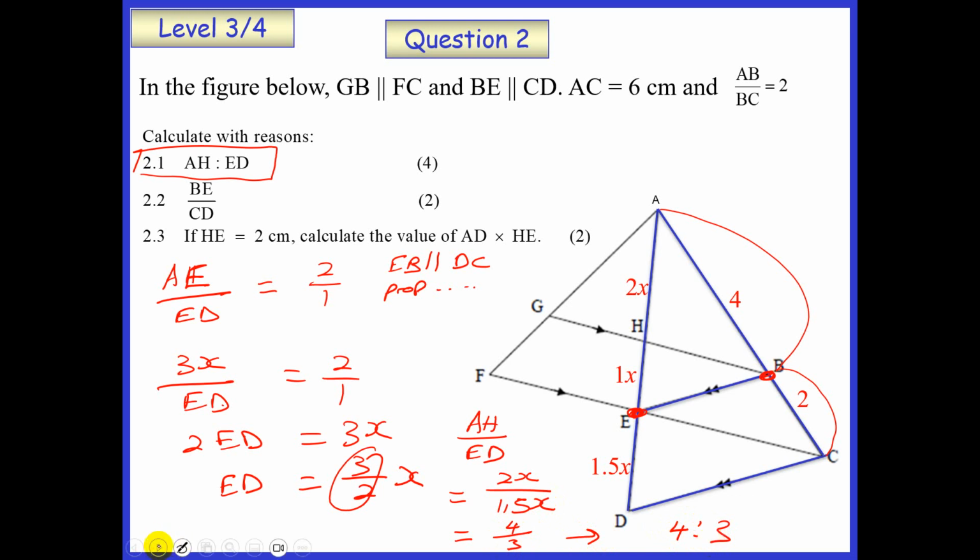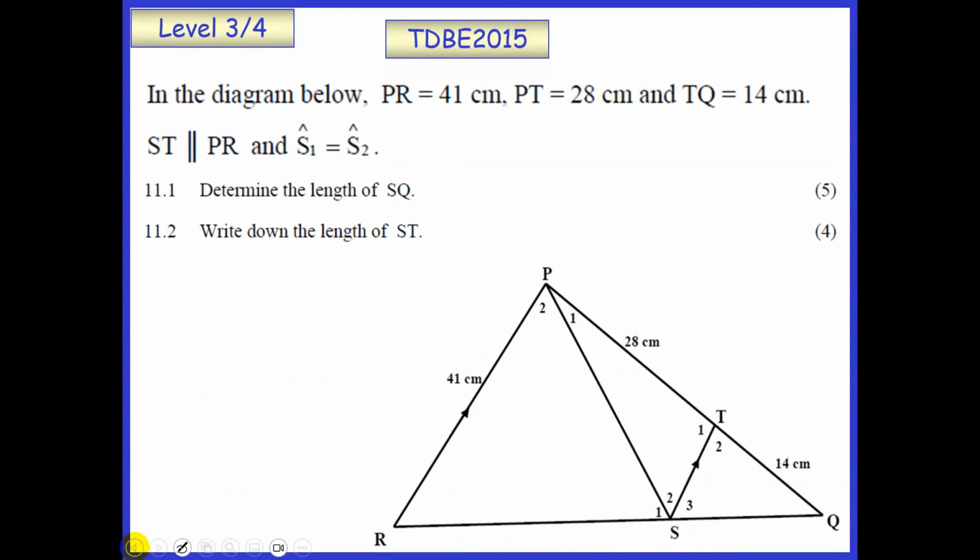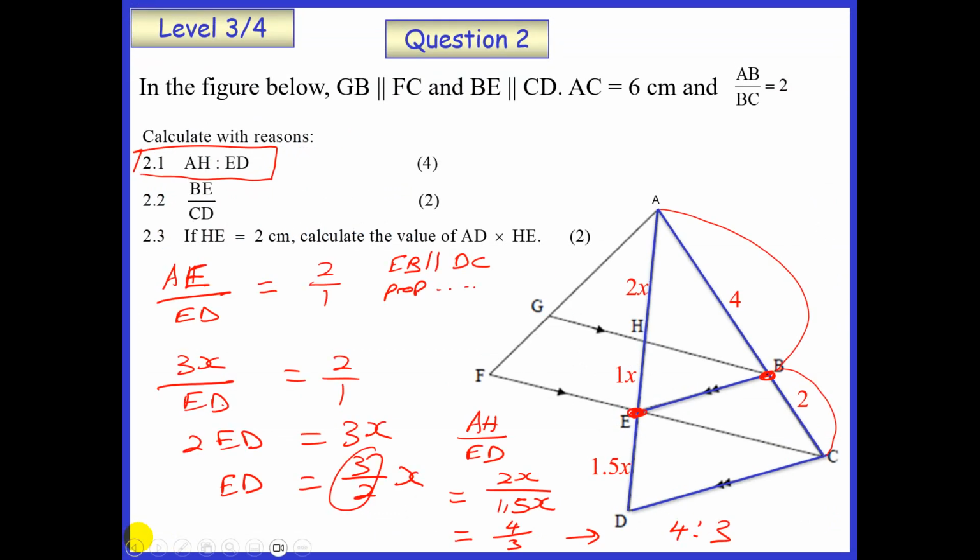So moving on, we've answered the first question, and the next question, which I want to now erase, talks about looking at a ratio of BE over CD. I'm going to erase this.